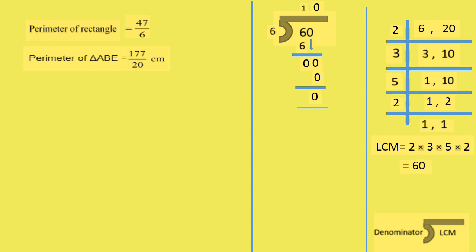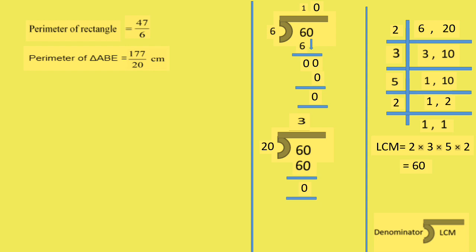So 0 times. Okay, for the perimeter of the triangle, I'll take the denominator 20. 20 3s are 60. Okay. I got quotient 10 for the rectangle and 3 for the triangle.